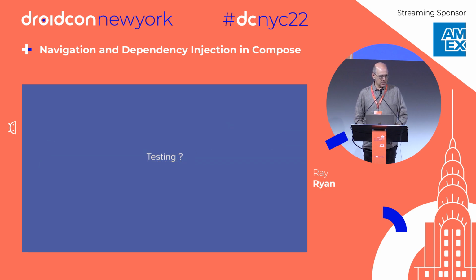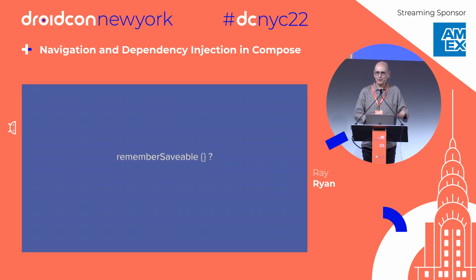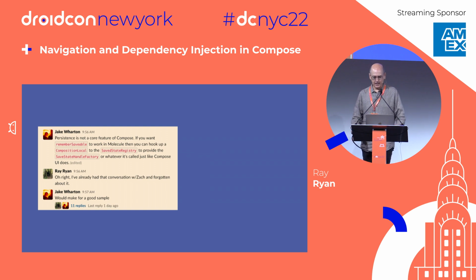I haven't talked about testing, and I don't feel that I especially need to because Ash and Bill did an excellent job of that yesterday. Use Turbine, look at their 2 or 3 unit test snippets, and you've got your molecule presenters, their flows, test them that way. I also haven't talked about persistence because I am lazy.